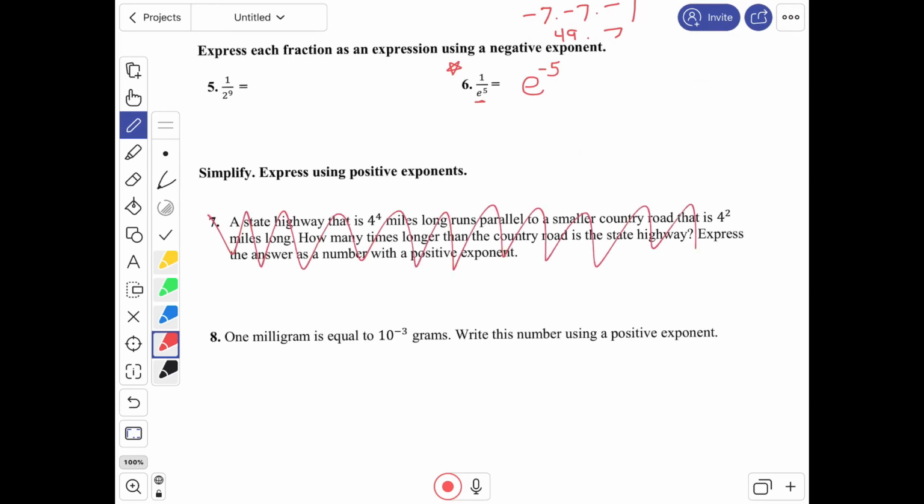Okay, we're going to skip number 7. You don't have to do number 7, but you are going to do number 8. 1 milligram is equal to 10 to the negative 3 grams. Write this number using a positive exponent. So you're just going to rewrite that with a positive exponent.